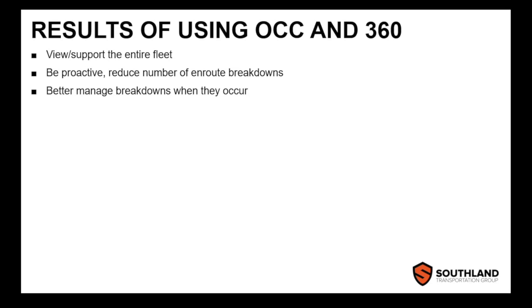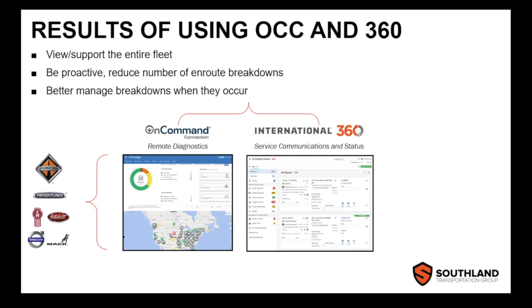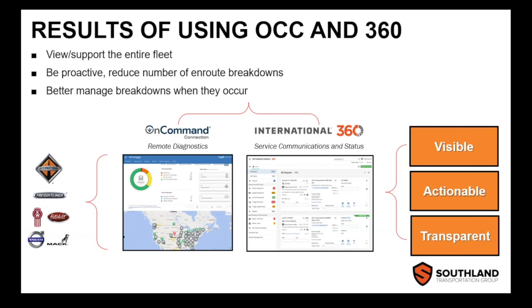And when there is a breakdown, it's going to allow you and your team to better manage these breakdowns and again have transparency throughout the international network for your repairs. Again, all makes work with both the OCC and International 360 tools. These take your entire fleet, makes them visible, makes the data actionable, and it is transparent.